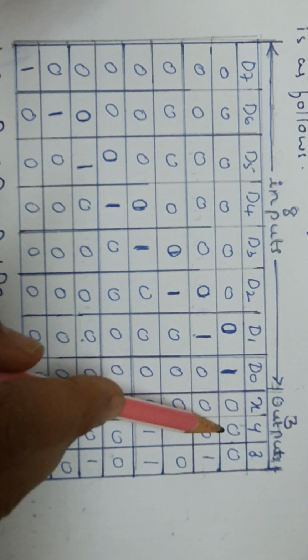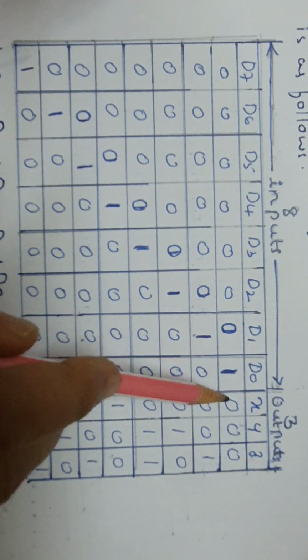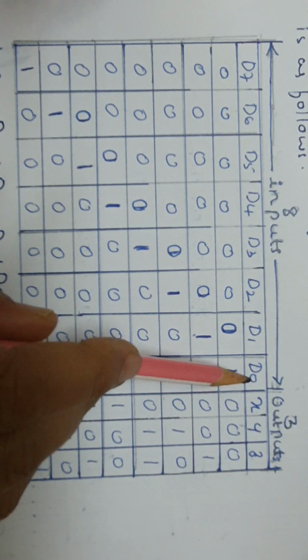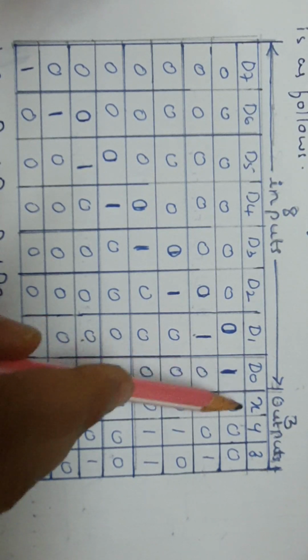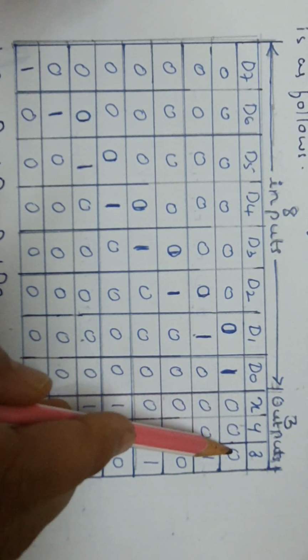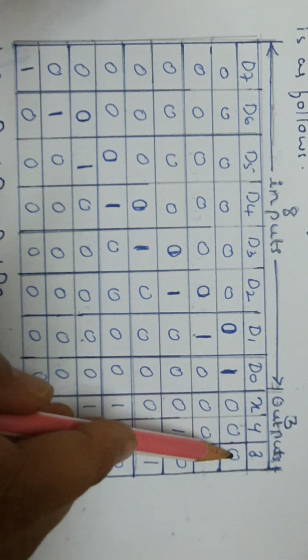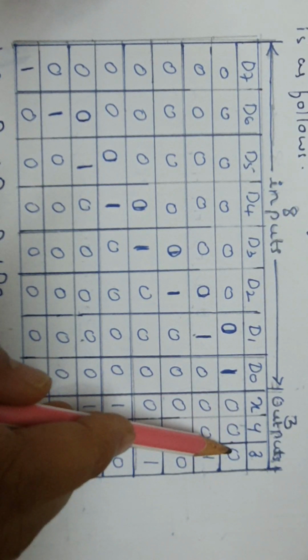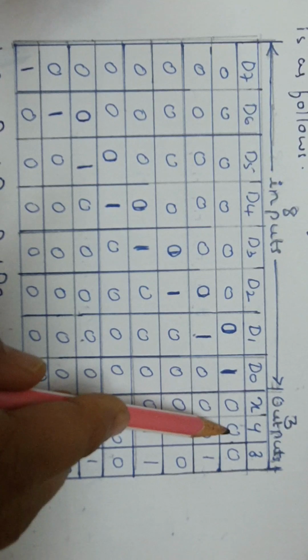This is the encoded output of the input. D0 is 1, here the decimal is 0, and the binary combination of 0 is 0, 0, 0. So this is octal to binary encoding.